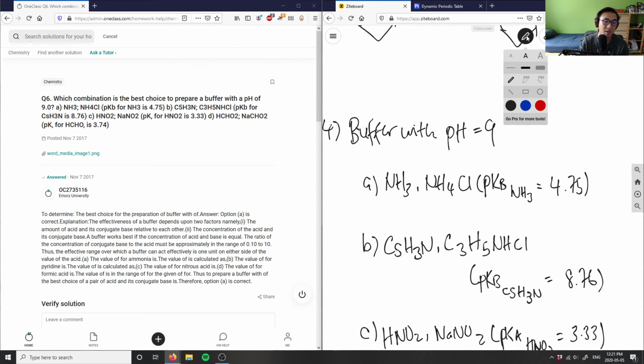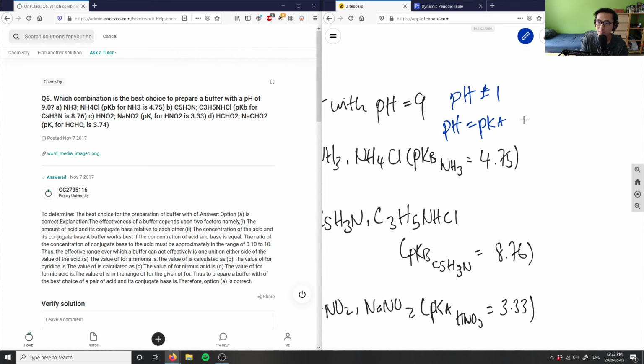It only tolerates a pH change of plus or minus 1, so a buffer only works, it's going to resist change, when it's within plus or minus 1 here. So we care about that. And we also know that pH equals pKa at the half equivalence point.